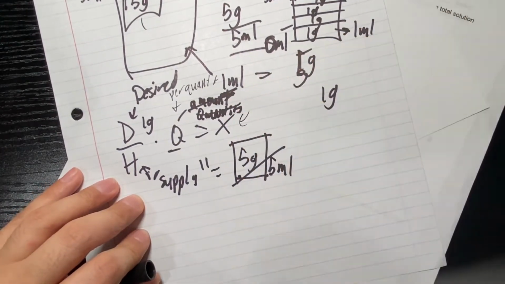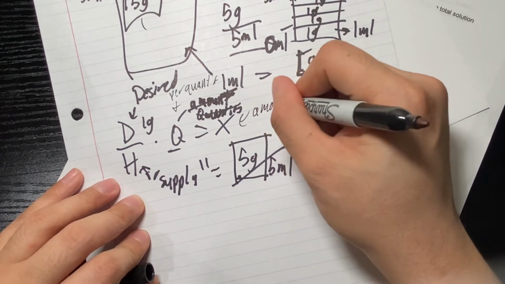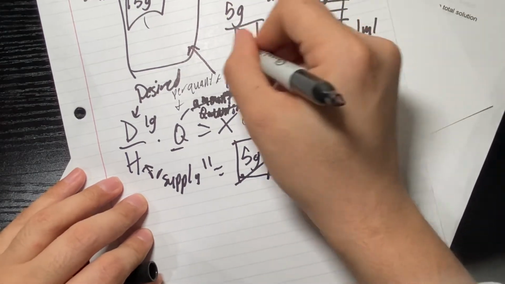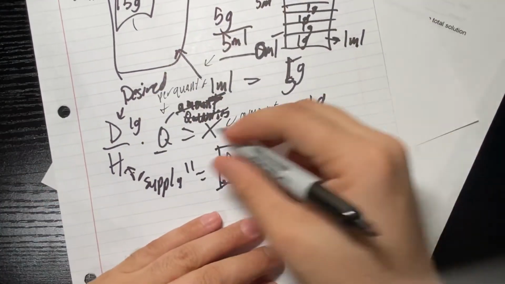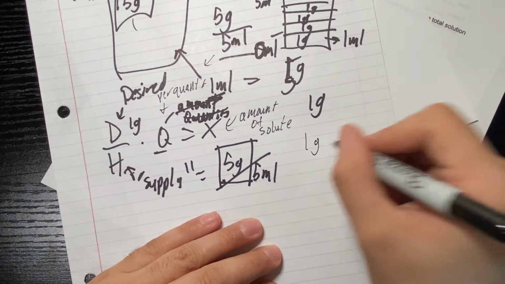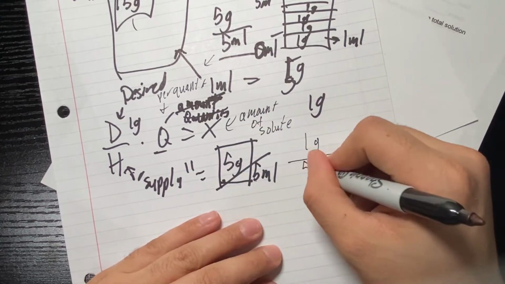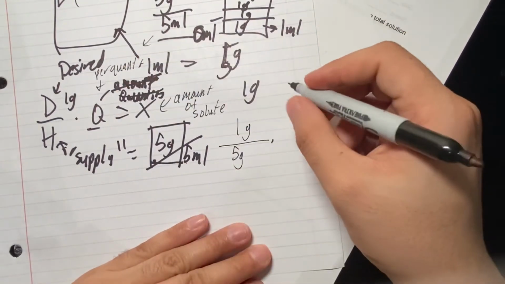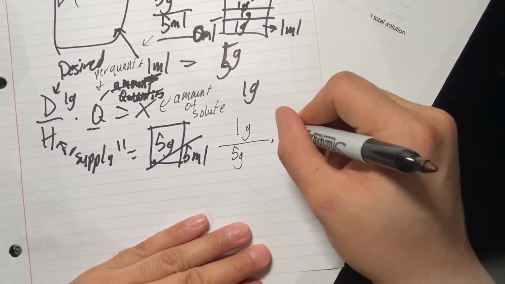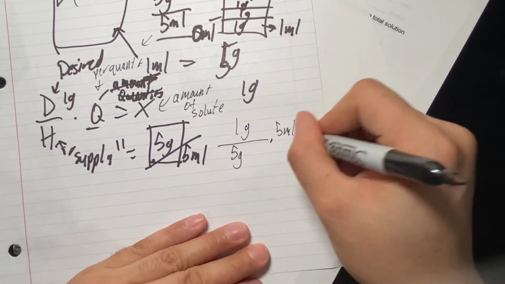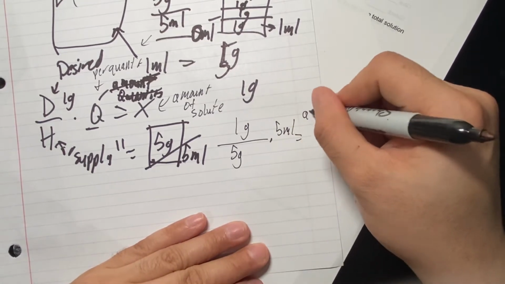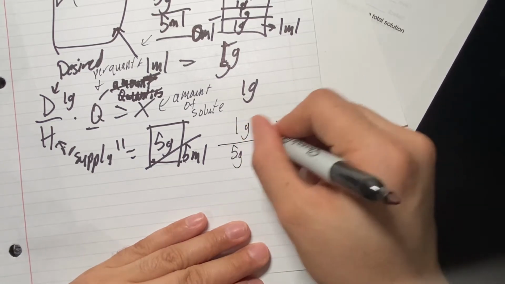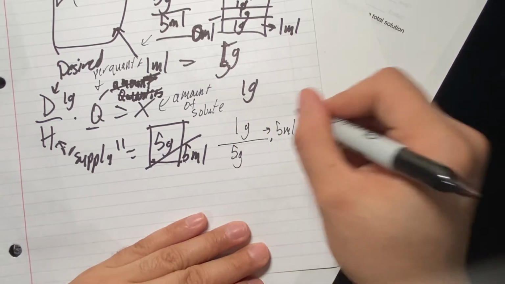And here our X is our amount of solute. If we re-express everything into DHQ, our desired is 1 gram over our have, 5 grams, times our Q, our per quantity, 5 mLs. We have 5 grams per 5 mLs, and this will give you the amount of solute that we need.